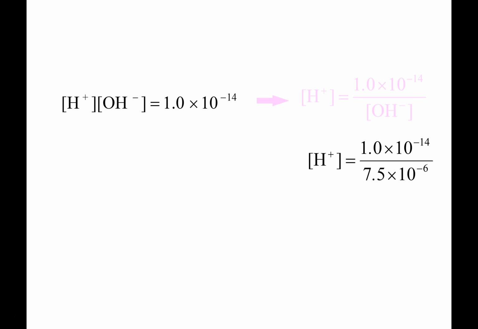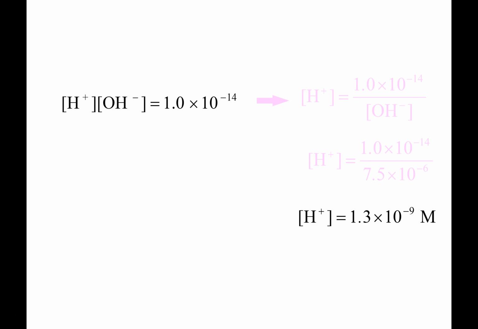So hydrogen ion is equal to 1.0 times 10 to the negative 14th divided by 7.5 times 10 to the negative 6th. And you're looking at a hydrogen ion concentration of 1.3 times 10 to the negative 9th moles per liter. Again, this is consistent with everything we've talked about regarding basic and acidic solutions. We figured that tipping point at 25 degrees Celsius is 1 times 10 to the negative 7. So yeah, we've got less hydrogen ion than we do hydroxide ion.